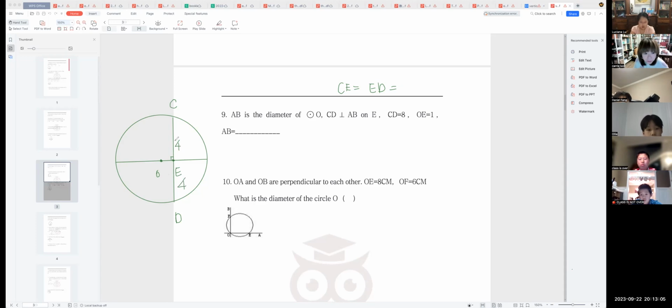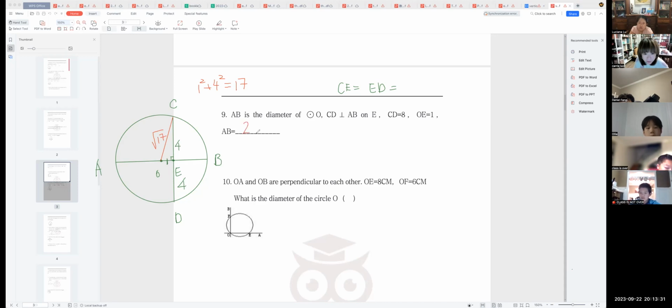Correct? So AB equals what? So they want to find out what is AB. So this is 1, this is 4. So can you tell me OC equals what? So everybody see? When we do this kind of problem, we just want to create all the things in right triangles. Okay, so this is 1, this is 4. So OC squared equals 1 squared plus 4 squared equals 17. So OC is square root 17.